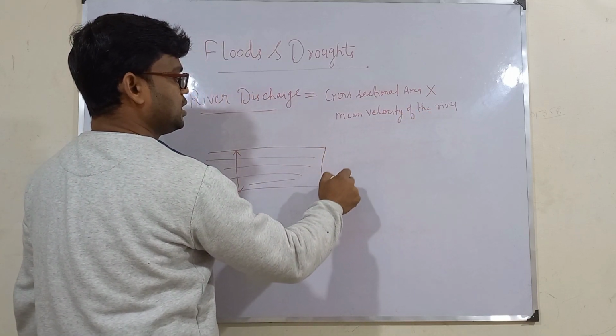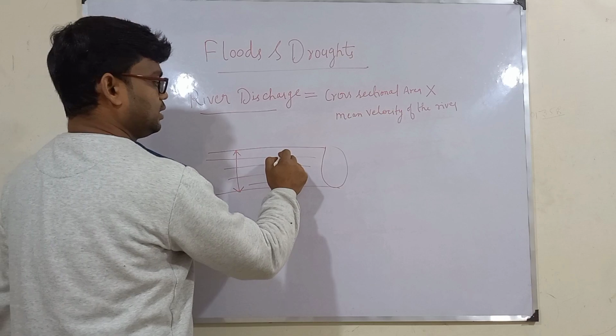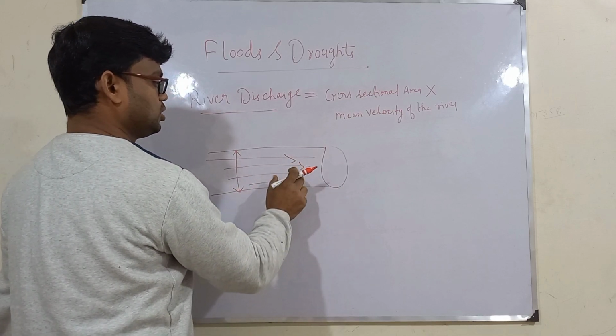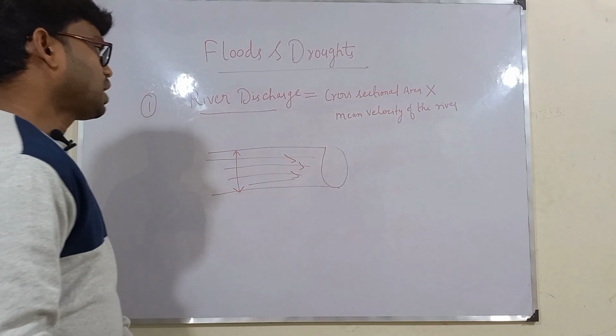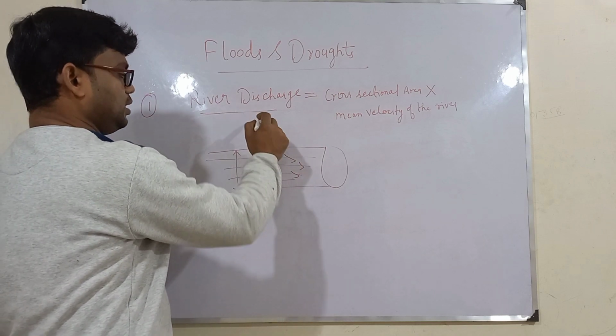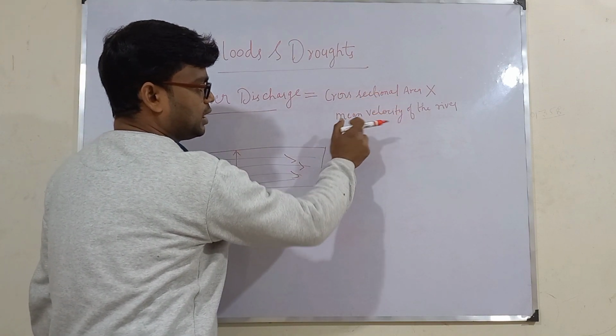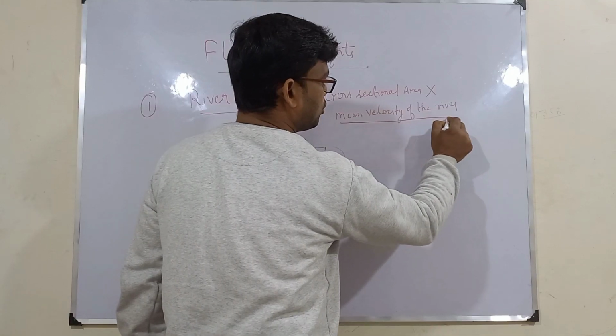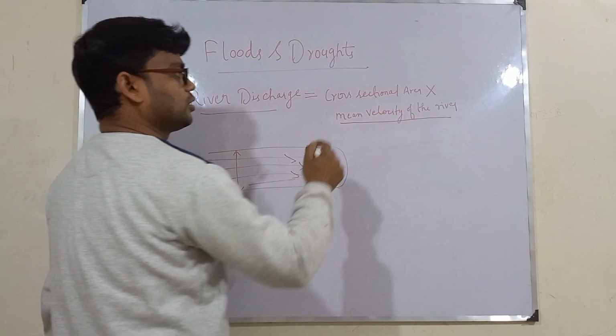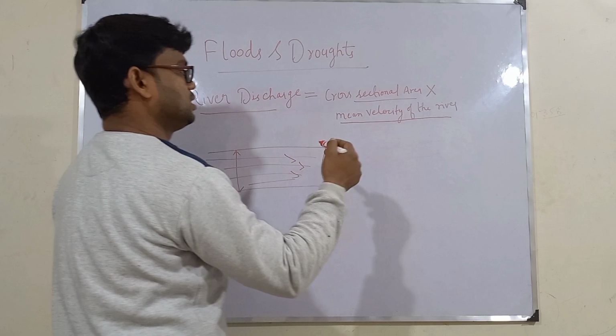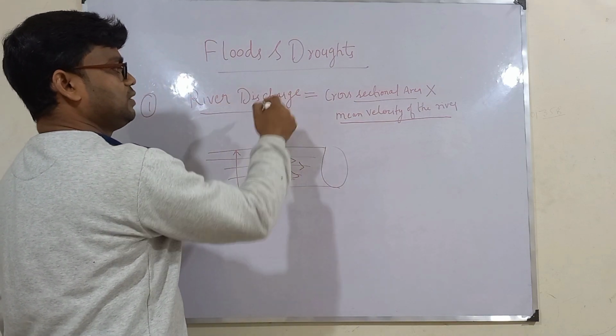The cross sectional area here refers to this area, and the velocity here refers to the velocity of this river. So through this formula it is clear that if by any means the mean velocity of the river increases or the cross sectional area of the river increases, the river discharge will increase.